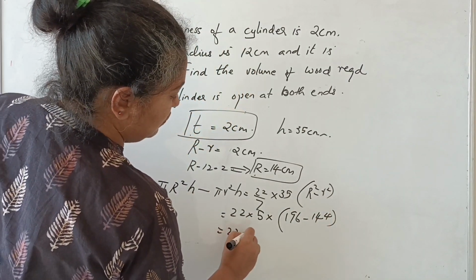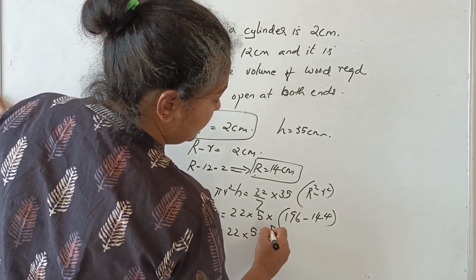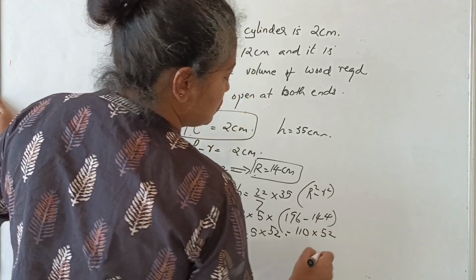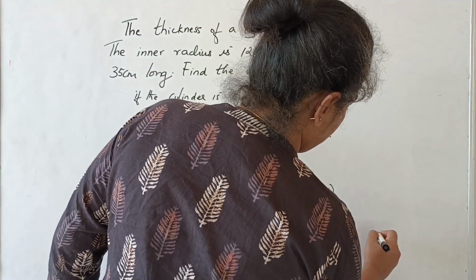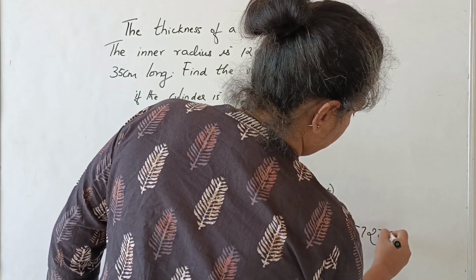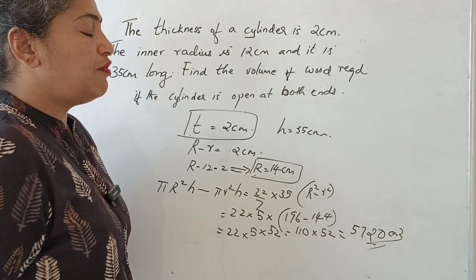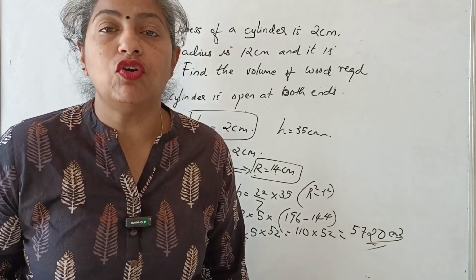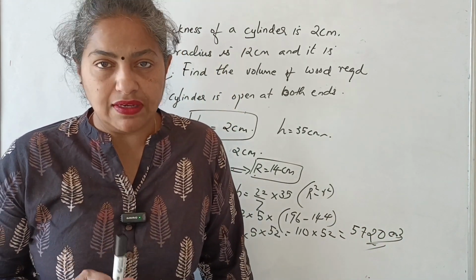So I will get 22 into 5, 52, or 110 into 52. So I will be getting 5720 centimeter cube. That is the volume of the wood required for making this particular cylinder.